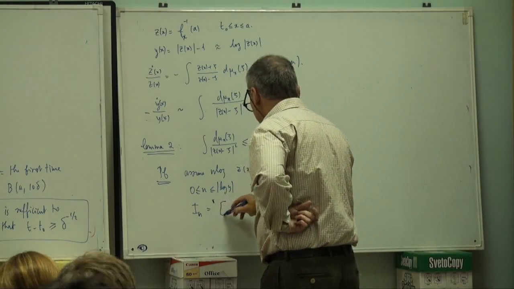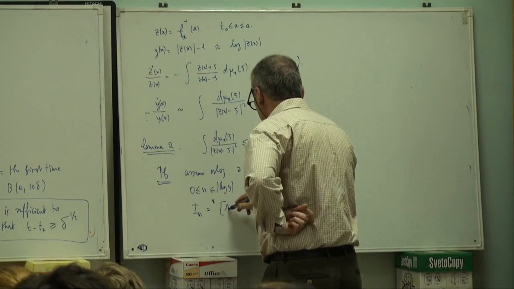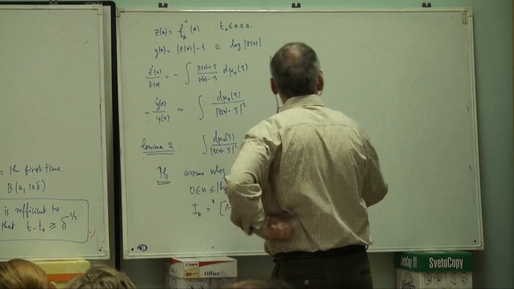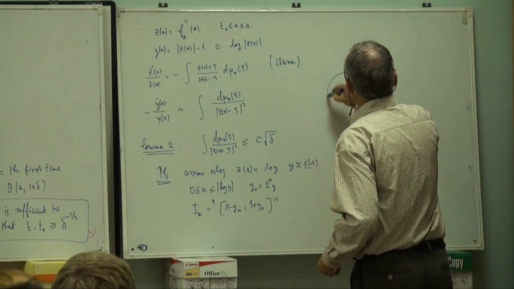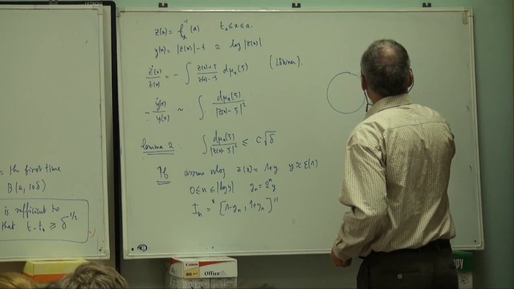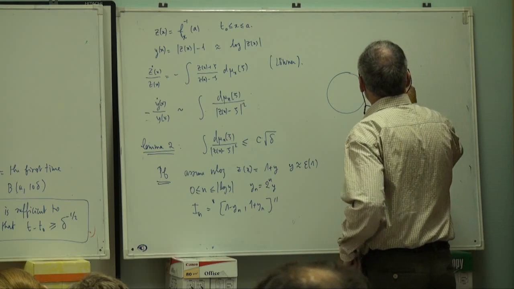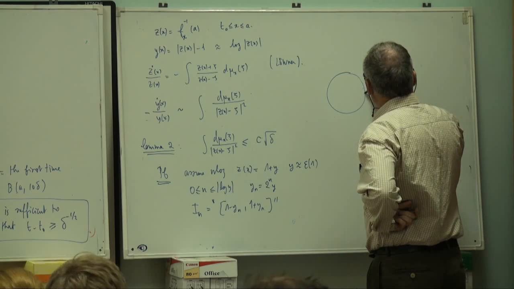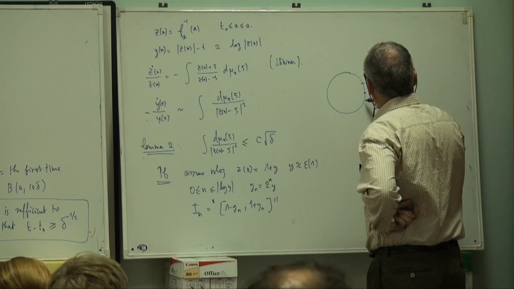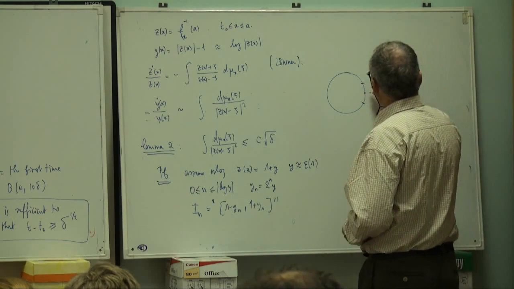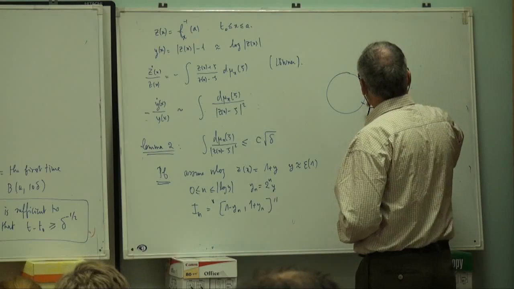So this is not the interval, but it's the interval from 1 minus y_n to 1 plus y_n. The picture is the following. You have here 1, here y, and here y_n. You just look at the interval of the circle centered at 1 whose size is essentially y_n. So we just do these little things.